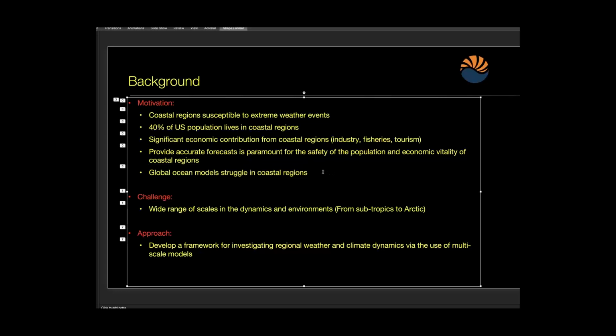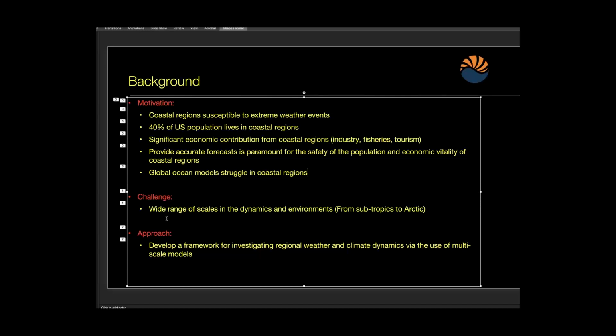Some of the understanding that we have is that some of it has to do with model resolution, but that's not always 100% of the reason, though it is a big part of the reason. So the challenge that we have is how do we represent a wide range of scales that matter to the dynamics of coastal regions.